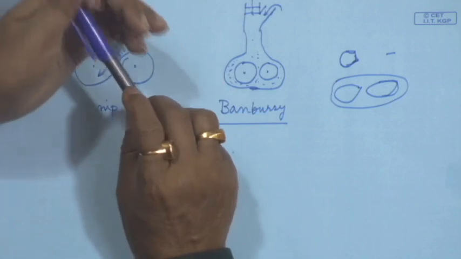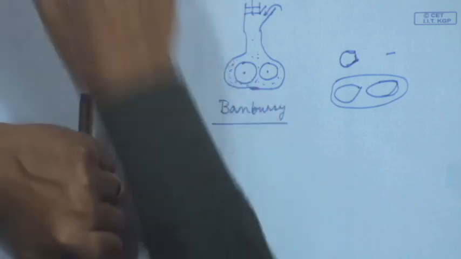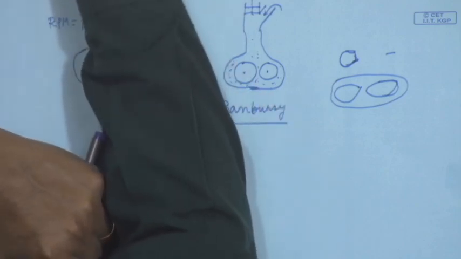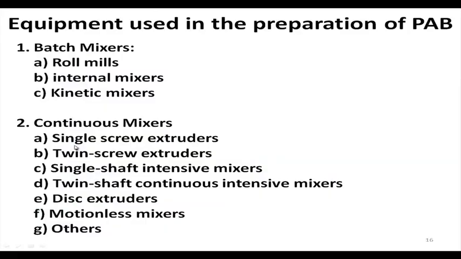Then we can have a continuous mixer. Continuous mixers are well known, these are basically screw extruders having a single screw or a double screw, twin screw, and basically this extruder looks like this.